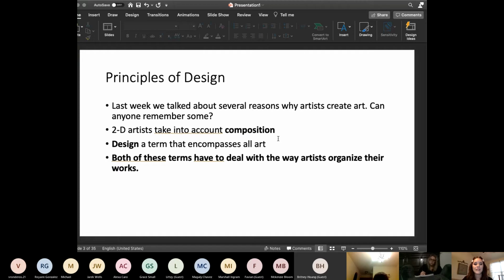And the principle of design is all about what steps artists go through to organize their artworks.